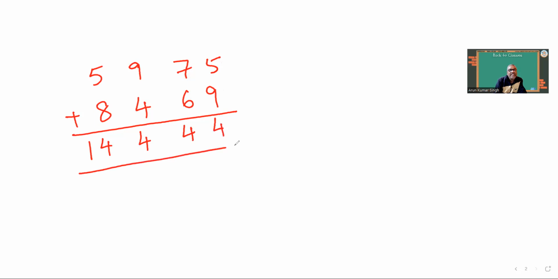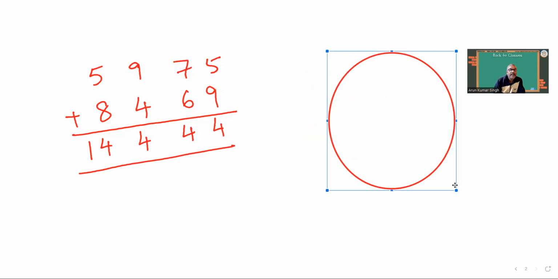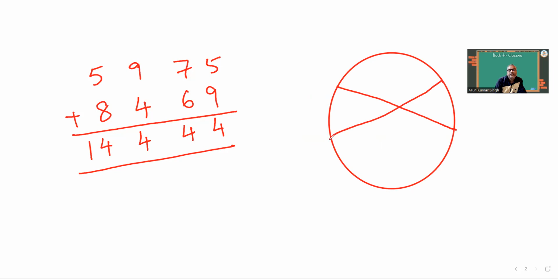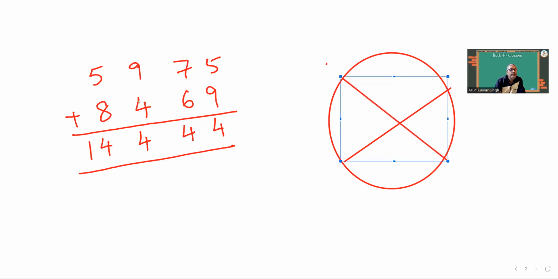Now we can check whether it is correct or not. We'll make one circle and divide it into two parts, using a straight line, one line here and one line here.